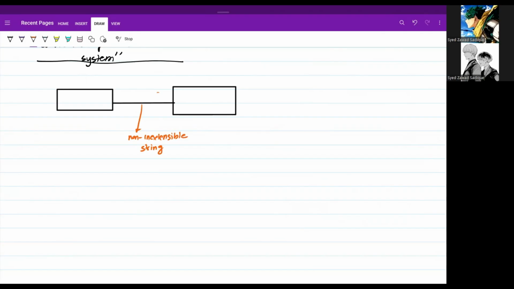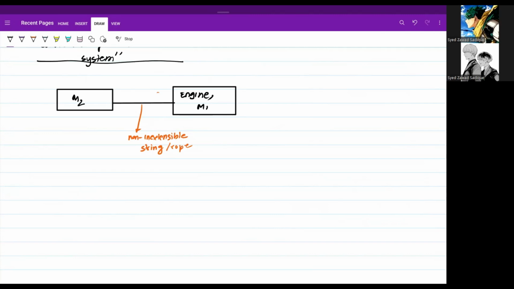It's very important for the question to mention this, otherwise we cannot solve the question that is given. Don't worry, all of the questions in A2 have non-extensible string, or rope, whatever you like to say. Coming back, I'm just going to label engine M1, M2.